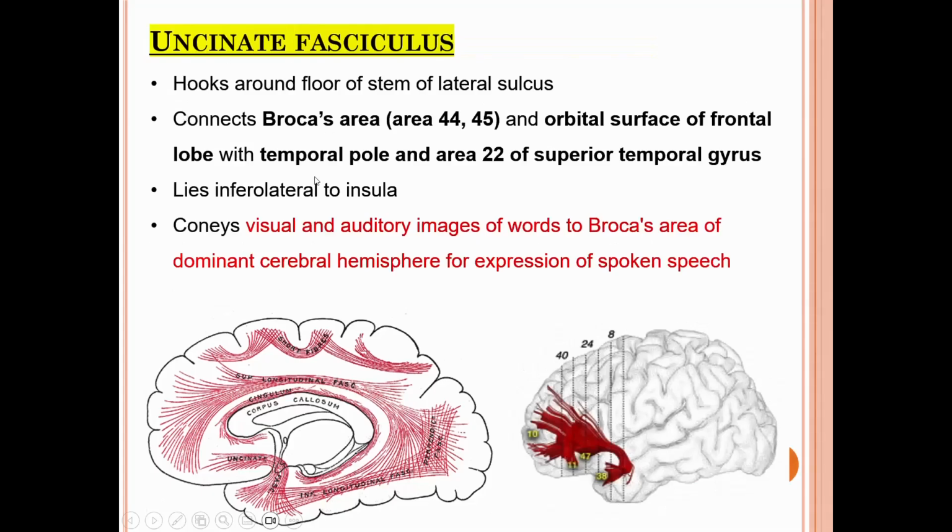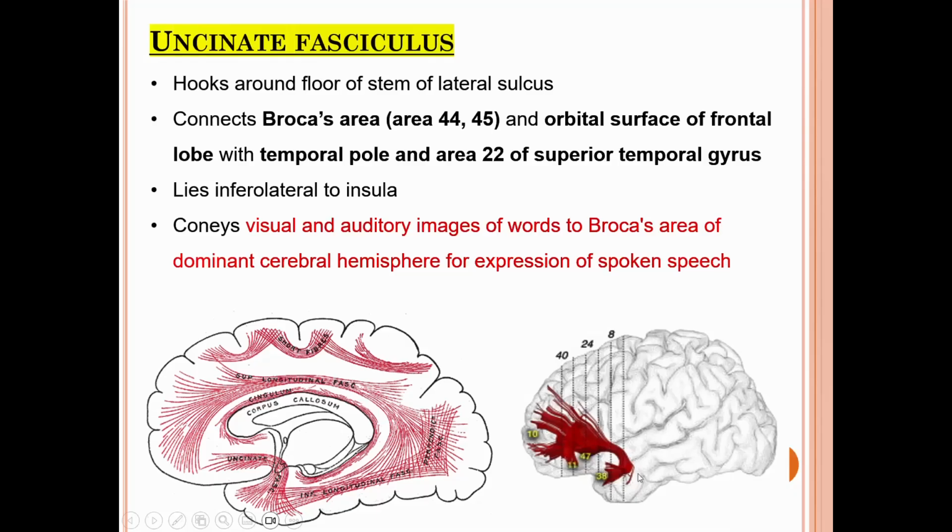Then uncinate fasciculus. These are the uncinate fasciculus white fibers. They hook around the floor of the stem of the lateral sulcus. They connect Broca's areas 44 and 45, present in the frontal lobe, with the orbital surface of the frontal lobe, along with the temporal pole and area 22 of the superior temporal gyrus.